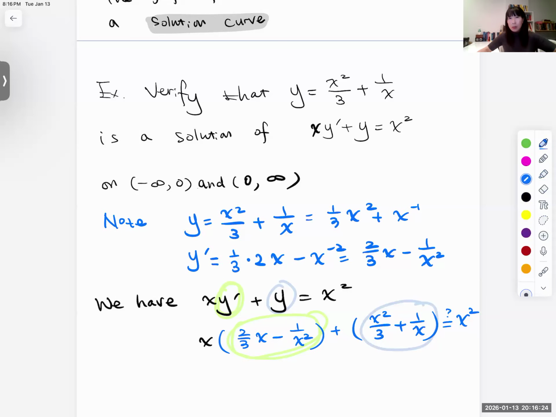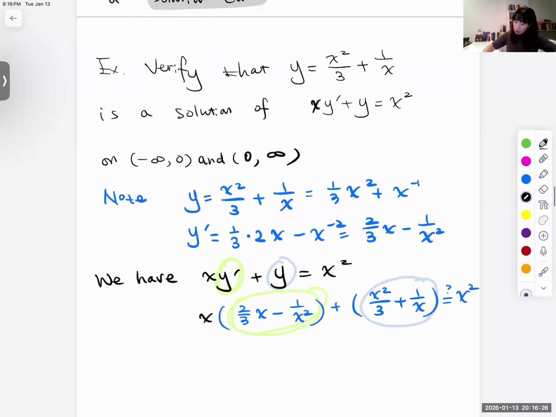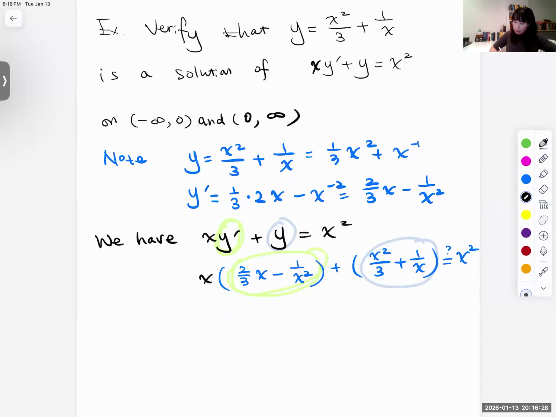Okay, so let's calculate. We do the derivative: 2/3 x squared minus 1 over x, plus x squared over 3 plus 1 over x.